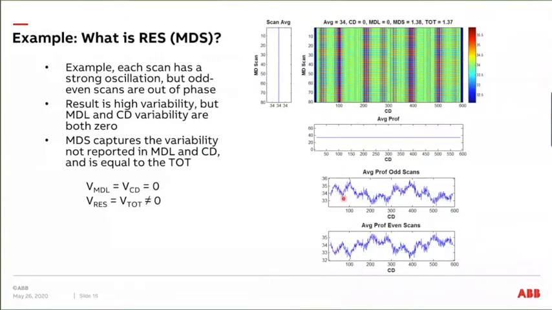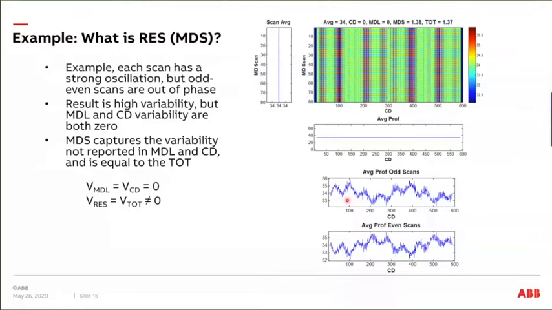As Kevin showed in the previous slide where we had the example, each profile is alternating. It kind of shows you the data path. If you think of the scanner, if you have a head alignment or some issue with the scanner where it's flipping from forward to reverse scan and causing some issue, it really will show up in the MDS, where it may not show up in the MDL or the CD component of the variability.